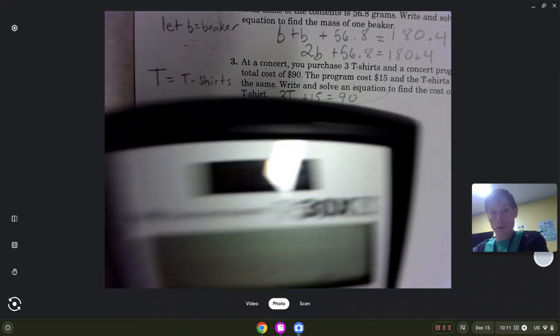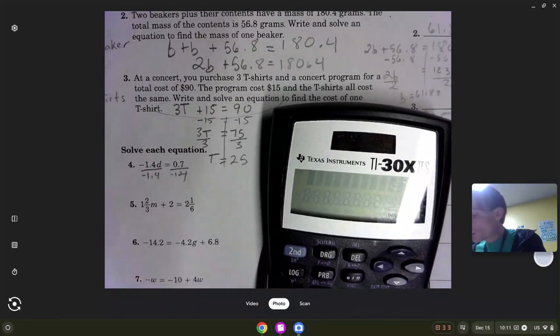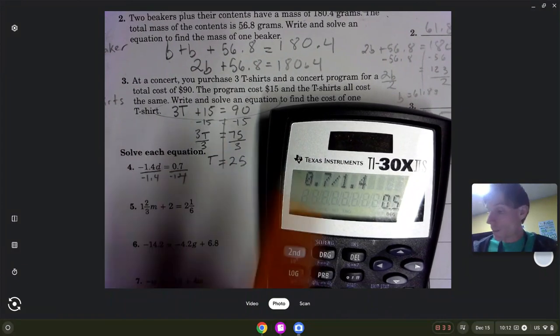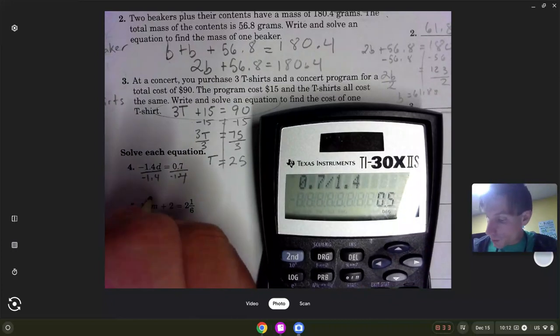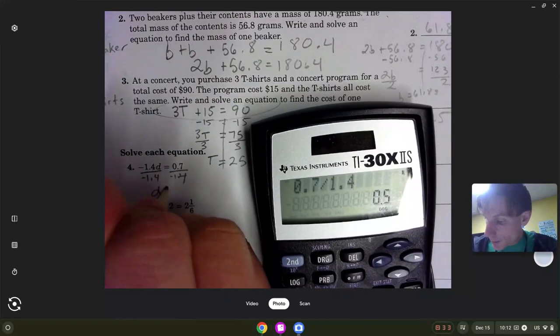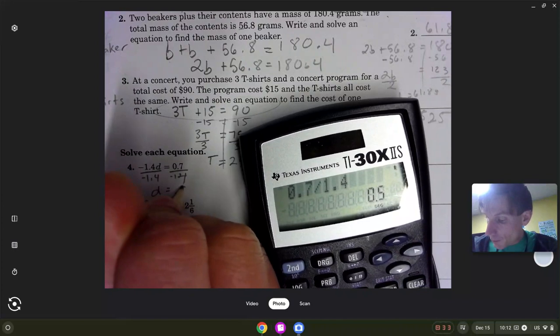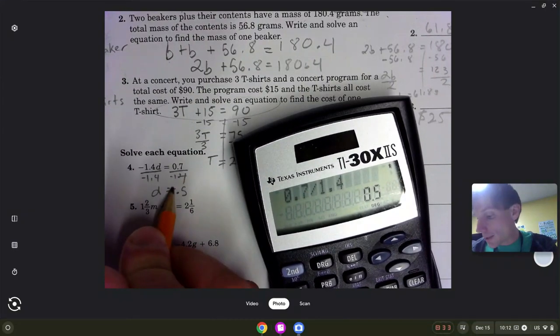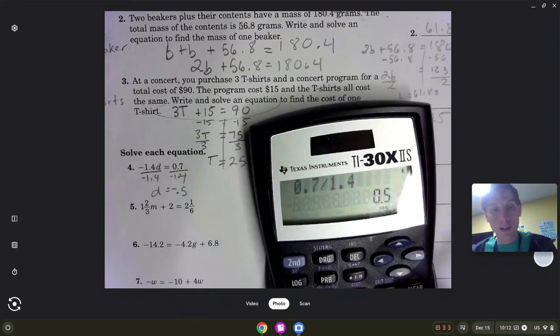I'll show you what I'm doing, 0.7 divided by 1.4. And yes, I do know it is negative, but I'm going to just leave that negative till the end. So I get 0.5 or 5/10. So we have D equals 0.5. And just remember, since this was negative, my answer needs to be negative. Okay, so just don't forget that negative.